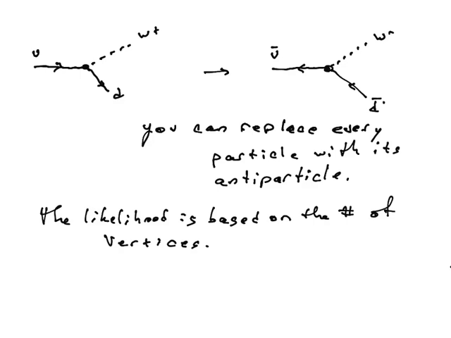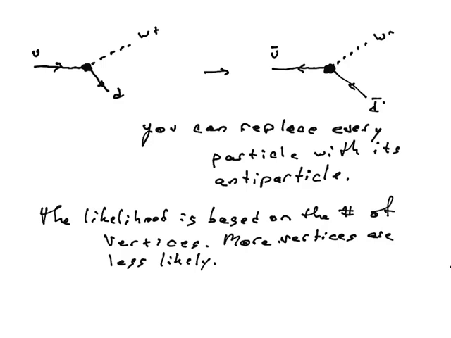So the more vertices you have, the more of these little nodes that are in your diagram, the less likely it is to occur. More vertices are less likely.